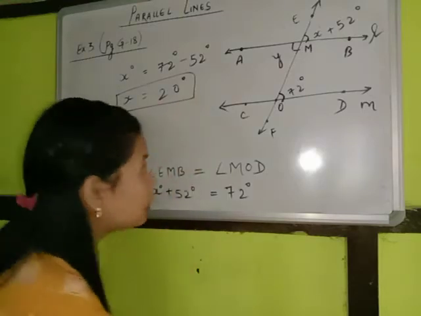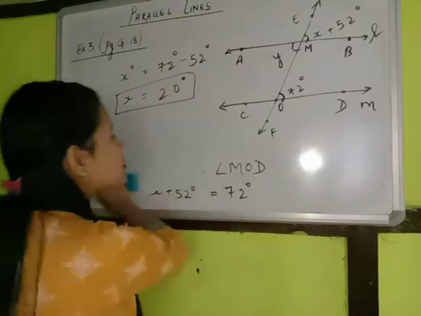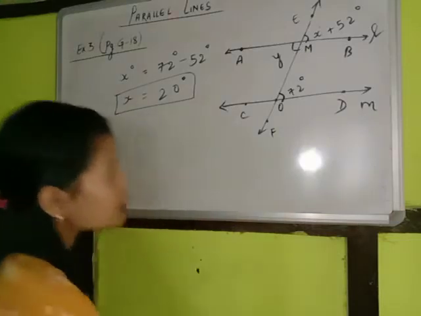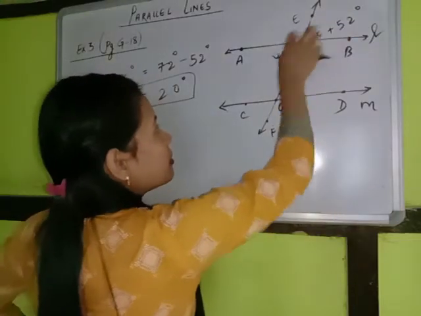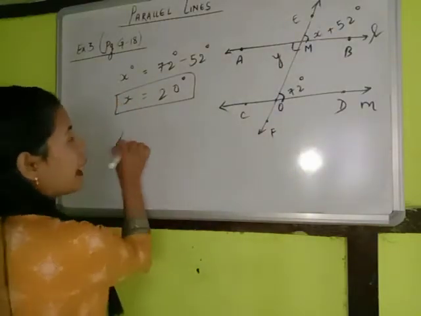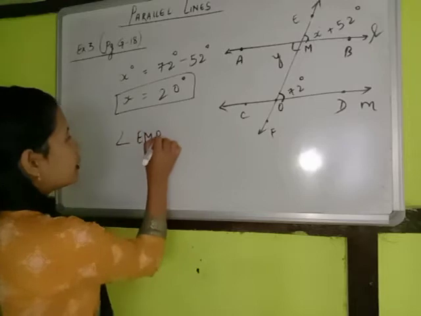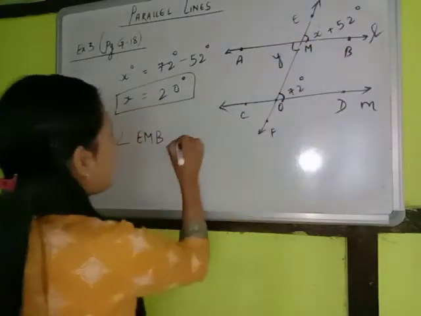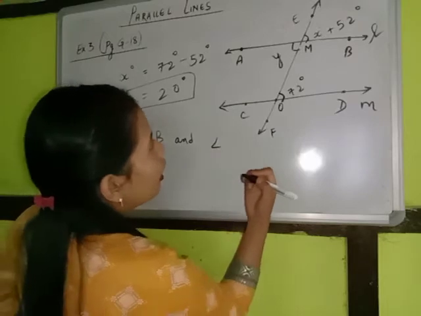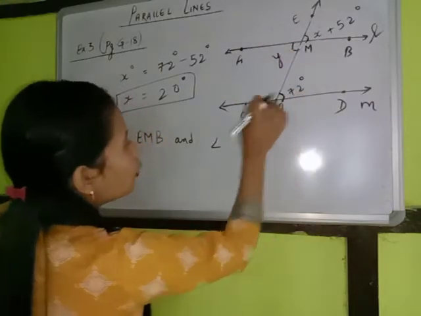Okay, is that clear? Now, we are asked to find the value of y. Okay, so if you see, these two angles are vertically opposite, right? So, I name them angle EMB, this angle, and angle, how do I name this? AMO.